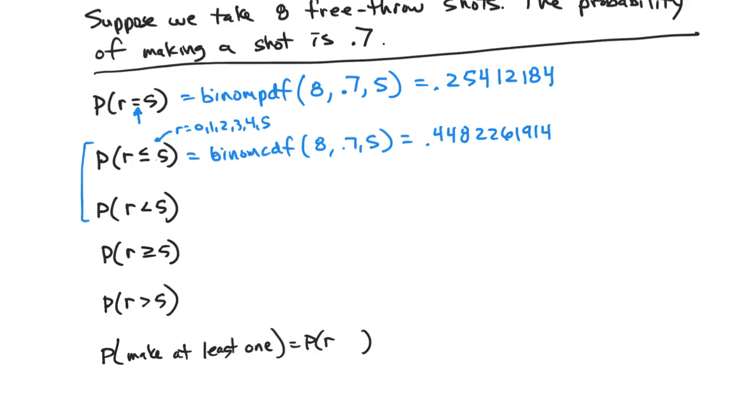Okay, so hopefully that's what you got. And then the difference between these two is this is less than or equal to 5, so R could be 5. This is just less than 5. So in this case, R could be 0, 1, 2, 3, or 4, but not 5, right? Strictly less than 5. So because it starts at 0, we can use binomial CDF: 8, 0.7, and 4.